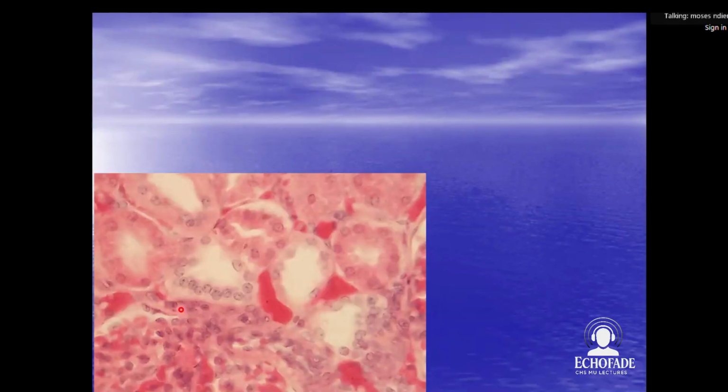What is the function of these cells? They are flattened cells. They lie between the juxtaglomerular cells and the macula densa cells. What would be their function? Just like the intraglomerular mesangial cells, they provide structural support to the juxtaglomerular cells. And because they lie in that area, these cells constitute what you call the juxtaglomerular apparatus.